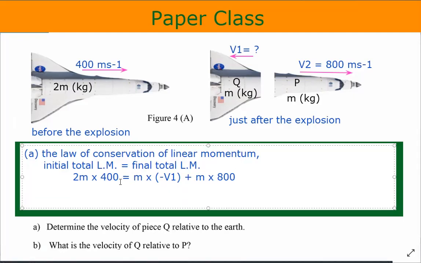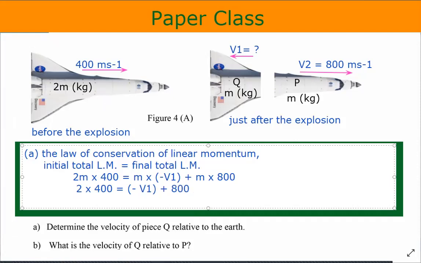So what is the next simplest thing that can be done here? To see that this m and this m, all the m terms can be cancelled out. So what are the remaining terms then? Here we have 2 into 400 equals minus v1, and here we have plus 800.